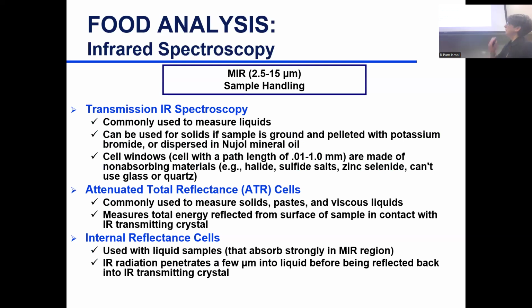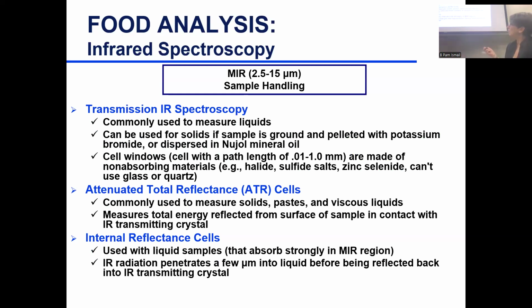Very briefly, there are different types of IR. You have the transmission, mostly for liquid. You have a liquid sample, all the light hits, and the transmitted light gets to the detector and you generate a spectrum. But sometimes you have solid samples. Solid samples can be mixed with potassium bromide to allow dispersion and also the light to pass through.